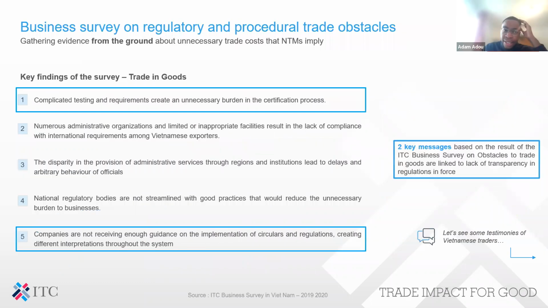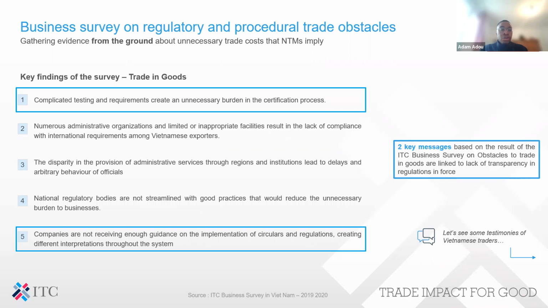And the key findings that we saw are the ones you can see in here, and two of them can be explained using the tool that I'm going to introduce to you right after. Those two are linked to transparency in regulation in force.